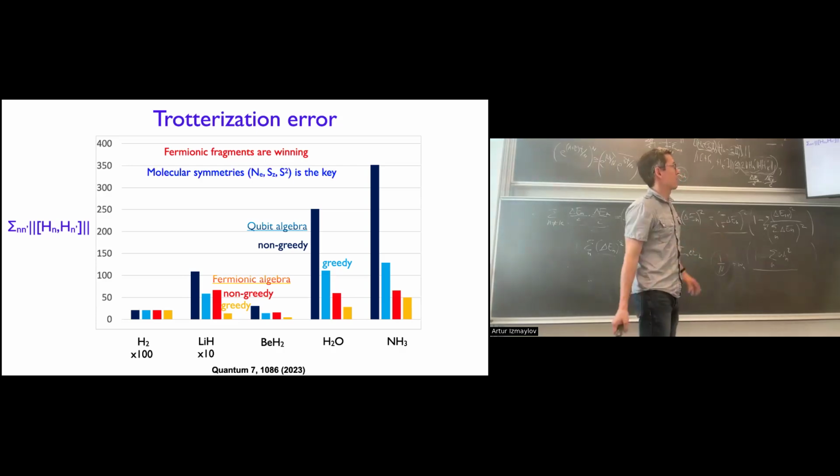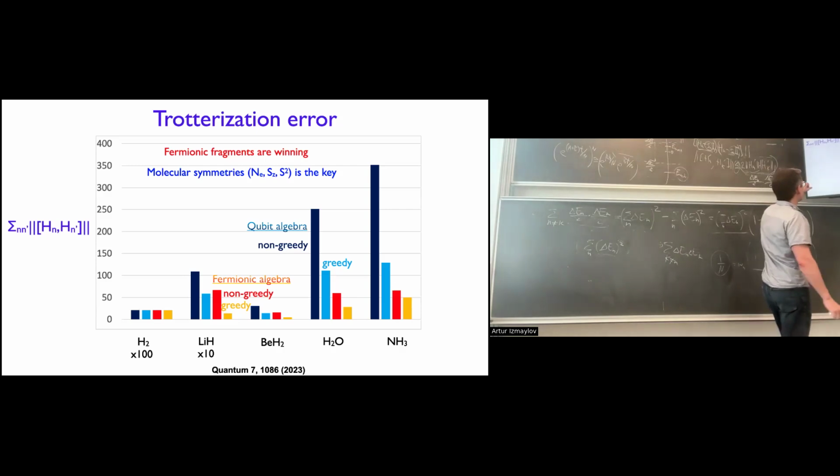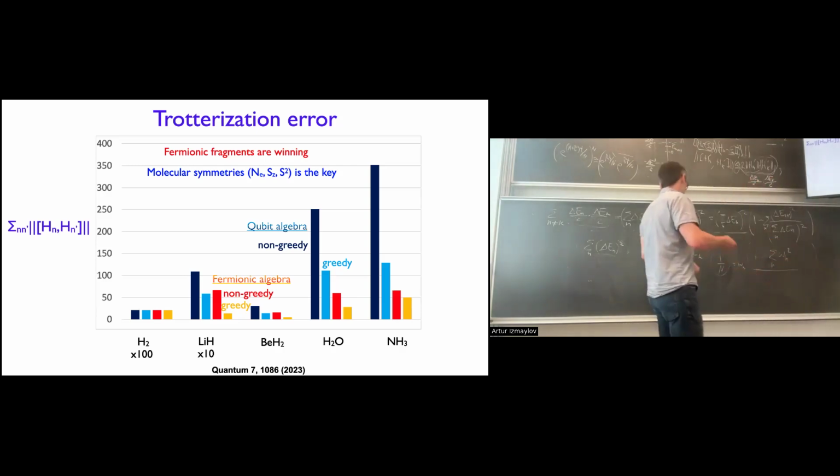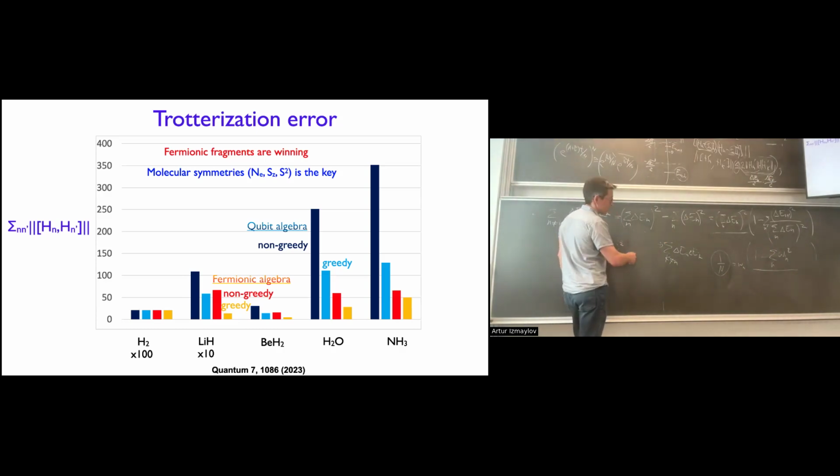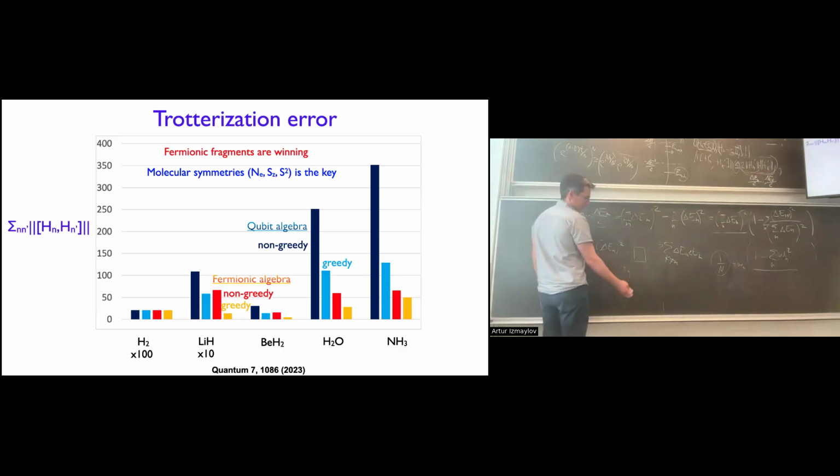And we understand the reason for that is because, in order to calculate the spectral range, say, of the fragments, you could use symmetries. If you have symmetries like number of electrons and spin, then your fragment Hamiltonians will have them too, right? So we're talking about fermionic fragments: they commute with symmetries like number of electrons and spin, and the qubit fragments don't commute with the usual electronic symmetries, like the number of electrons, say, right?